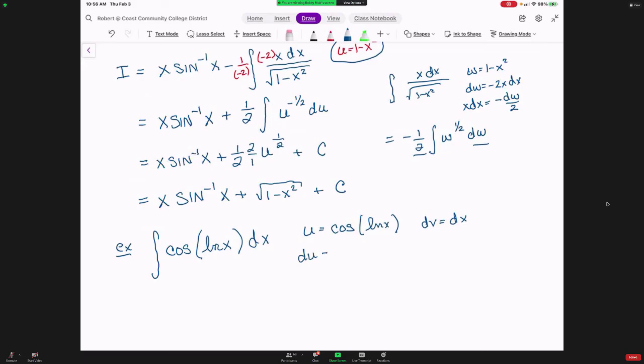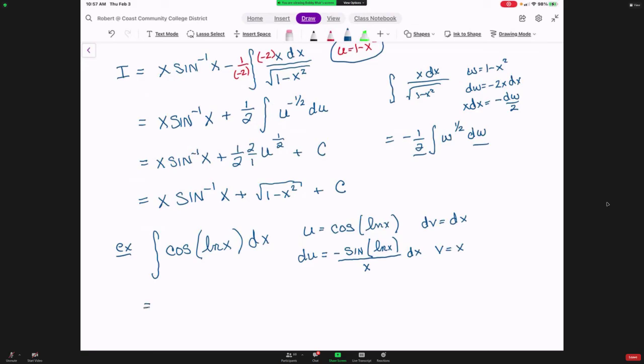Now the du is going to be negative sine of the natural log of x times the derivative of the natural log of x, which is 1 over x dx. So v would then just be x.